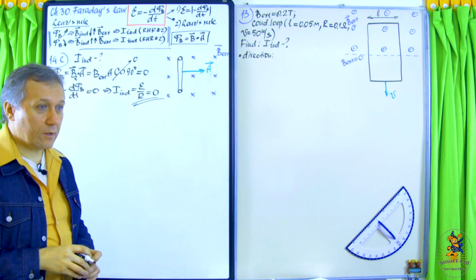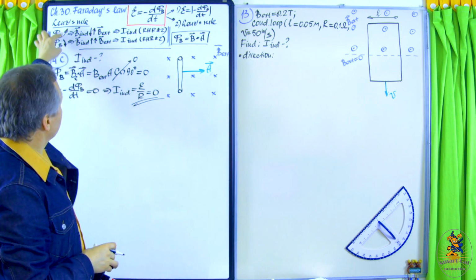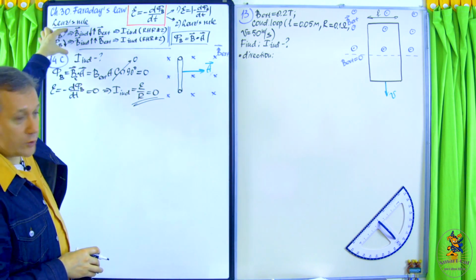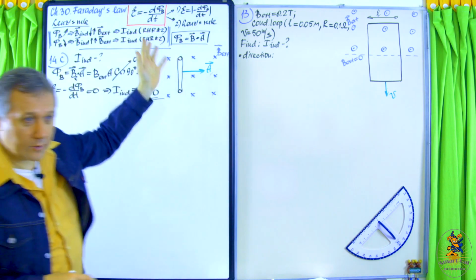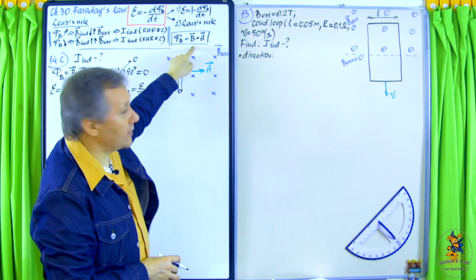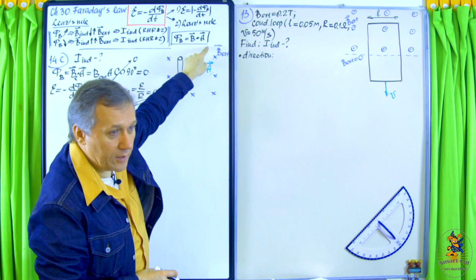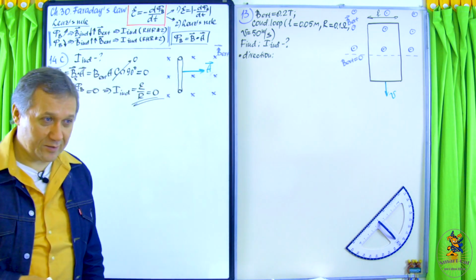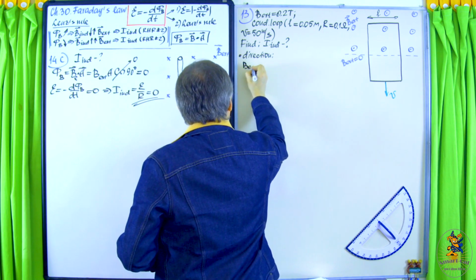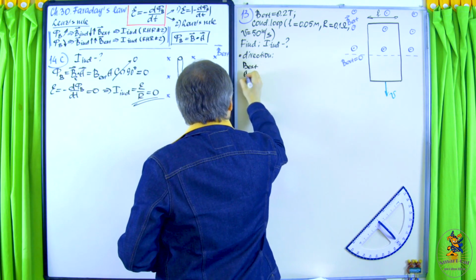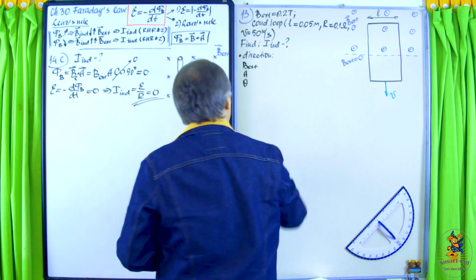Again, we need to start with the flux, because in Lenz's rule, we need to figure out what happens to the flux in order to continue. Inside of the flux, again, three parameters: B, A, and the angle between these two vectors. So B external, area, and the angle between them.